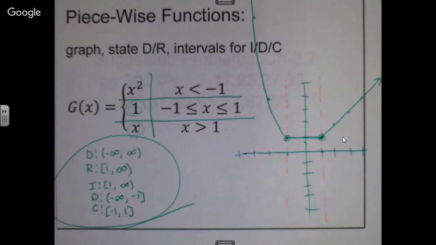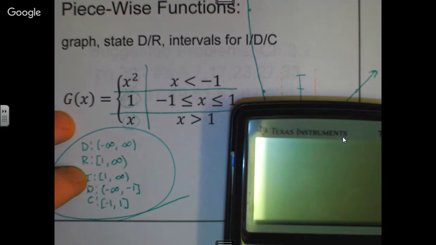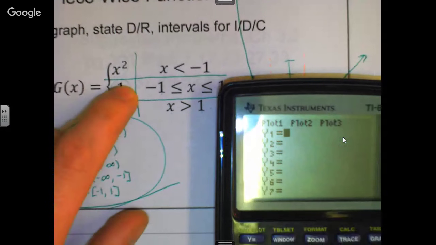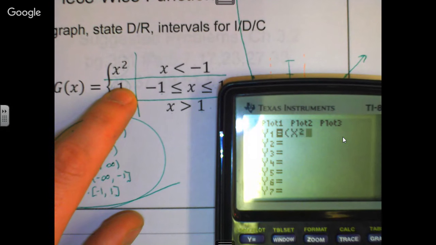Now, we can put these on a graphing calculator to help check our answers. Okay, so if I do this here, we'll go to y equals, and we will say parentheses x squared, parentheses x.